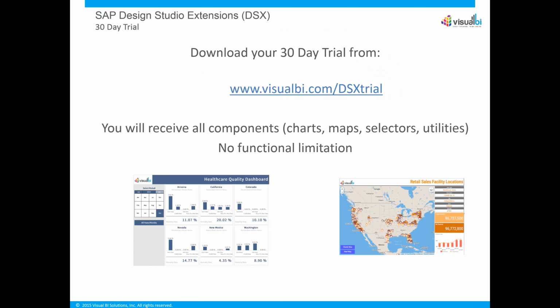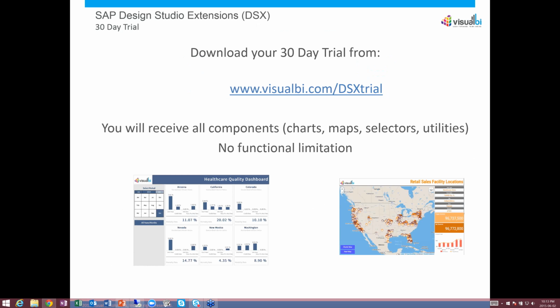In case you're interested, you can go to our website, visualbi.com/dsx-trial. You simply register, and we're going to send you a link where you can download the installation, where you can download the software, and version 2 is already up on our website, so you can use it.